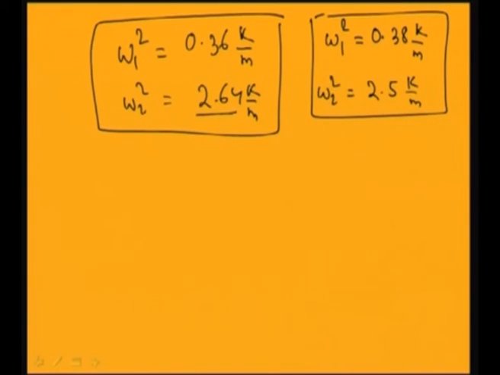So 0.36 minus 0.38 is 0.02, divided by 0.38. This is similar, so you can see the error only in the second decimal. In this way you can find the fundamental frequency of the system by using this Rayleigh method.